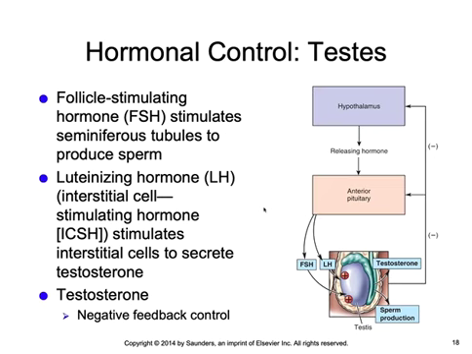The control of testosterone production is triggered when testosterone levels in the blood fall. The hypothalamus releases gonadotropin-releasing hormone, GnRH, and that hits the anterior pituitary, moving through the hypothalamic-hypophyseal portal system, which is that collection of two capillary beds joined by a portal vessel.